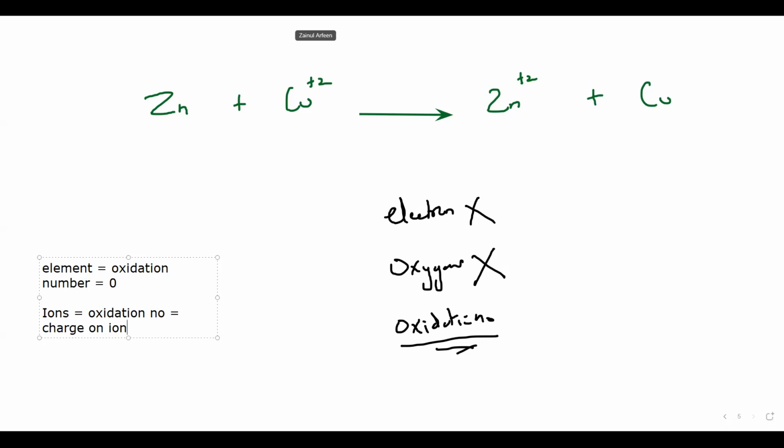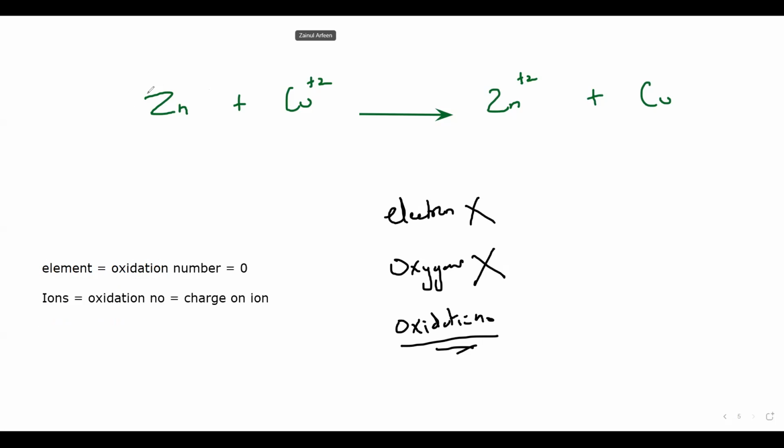In the first part, zinc atom is given, so it is 0. What is the oxidation number of copper? It is +2 because it's an ion, so the charge is the same as the oxidation number. For zinc ion, the charge is the same as the oxidation number, and for copper element, the oxidation number is 0.